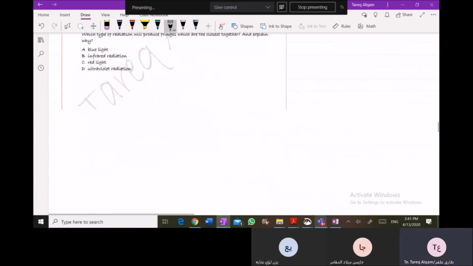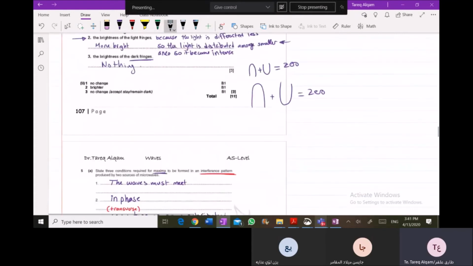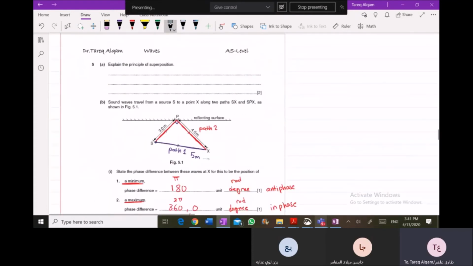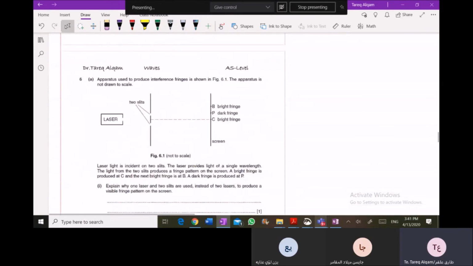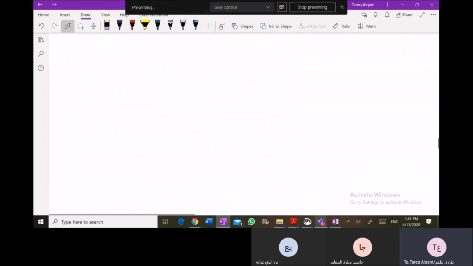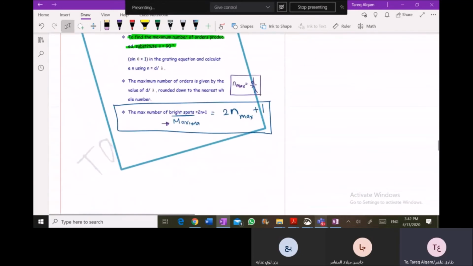So at the center, the path difference is 0. This is why, if the path difference is 0, no matter the wavelength, all the waves interfere constructively and enhance each other, resulting in all the colors.